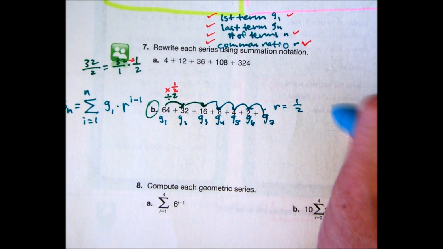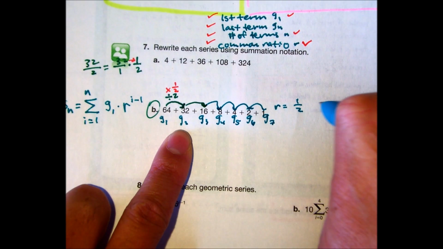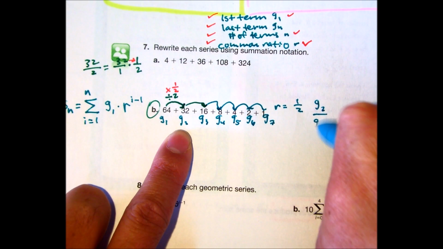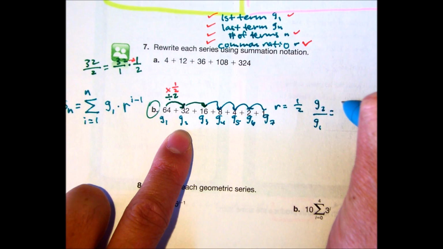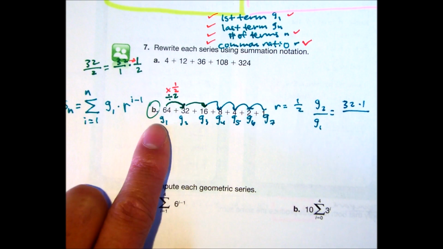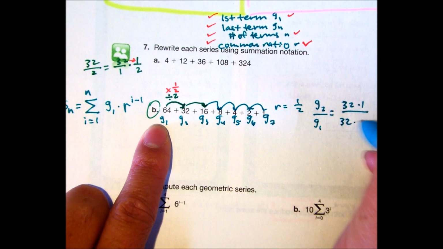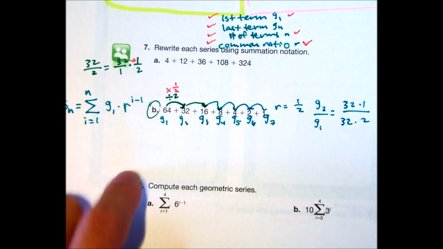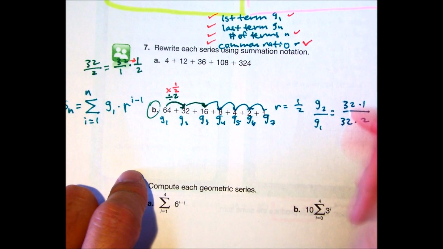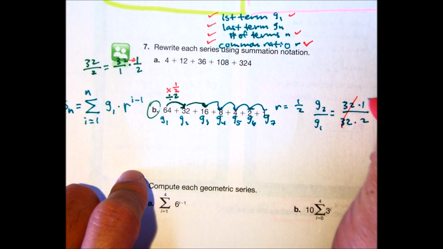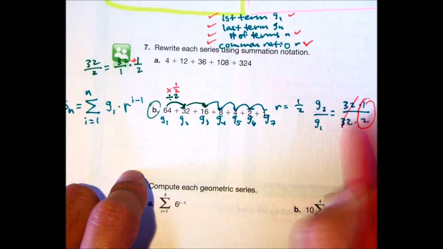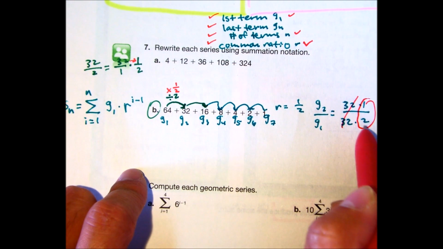So what you can do is take your G2 value and divide it by your G1 value. So you get 32 over 64. And 64 can be written as 32 times 2. So if I simplify here, my ratio is 1/2. 32 over 64 can be reduced to 1/2.